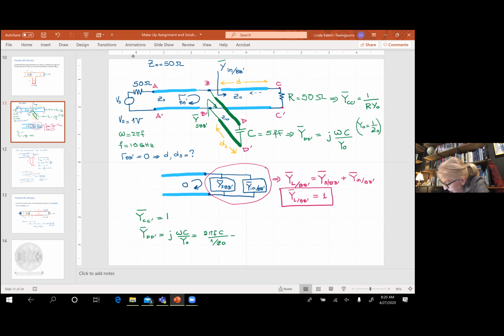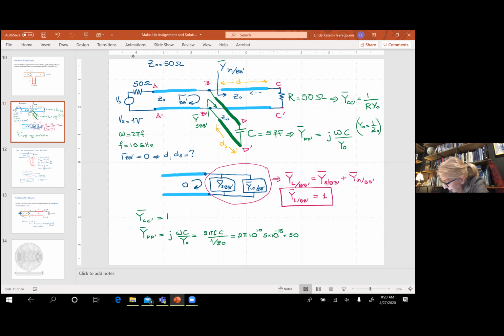So practically it's going to be 2 pi F, which is 10 gigahertz. So together it's going to be 10 to the 10 hertz. Then C is 5 femtofarads. So it's 5 times 10 to minus 15. And so that's that. And then times 50.